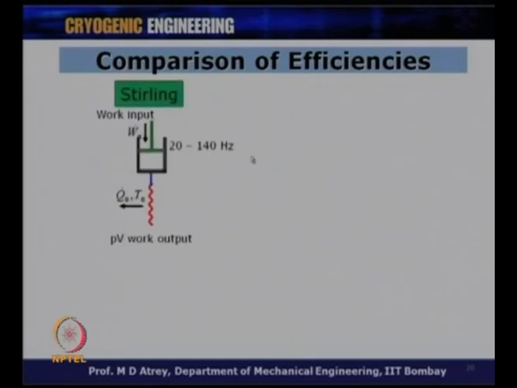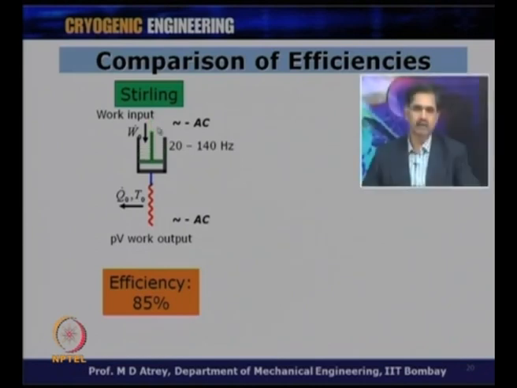So, with this background, we can now see the comparison of efficiencies of a Stirling cryocooler and a GM cryocooler. A Stirling cryocooler has an AC power supply from our mains, and what you get here also is oscillating pressure. So, essentially there is no conversion from AC to DC or DC to AC.